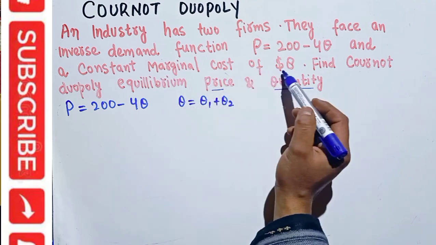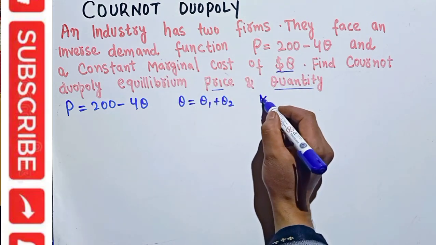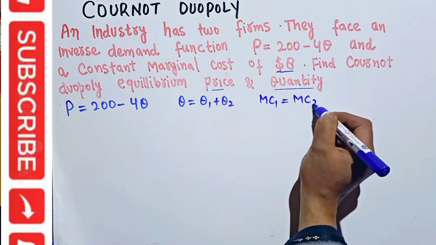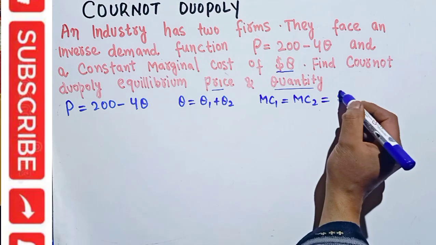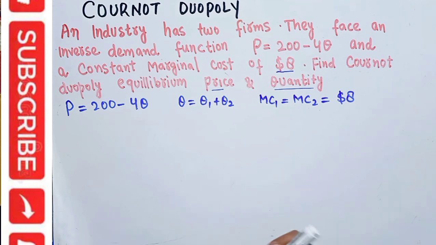And we have the marginal cost, which is constant for both the firms. That is, marginal cost of firm 1 is equal to marginal cost of firm 2, which is being given to us as $8. Okay, we need to find out the Cournot equilibrium price and quantity in this market.